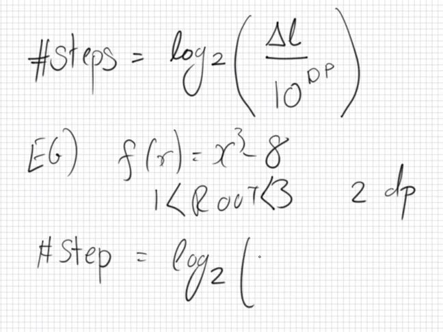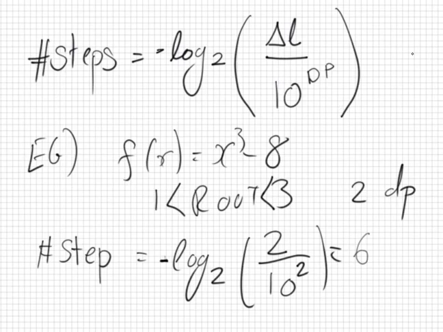How big is this interval? 2 units long. And then it's 10 to the power of 2, because you want the answer to 2 decimal places. So let's see what this is. Log base 2 of 2 over 10 to the power 2. Oh, sorry, there's also a minus in front here. So I got 5.6. Yeah, but I forgot to put the minus in front of my formula. So you have to round that up to 6.